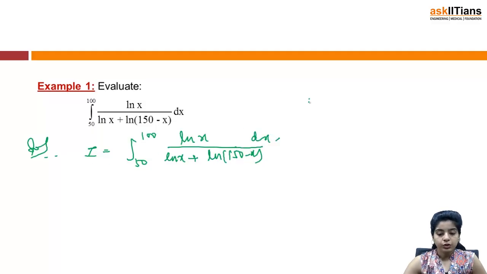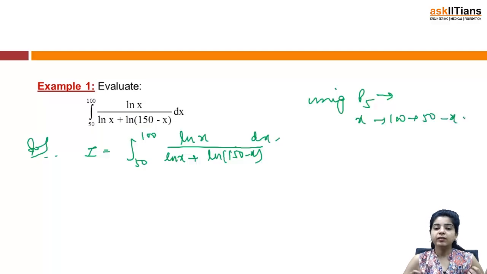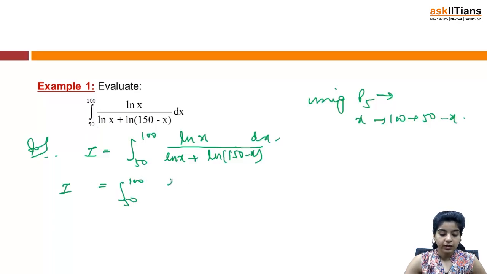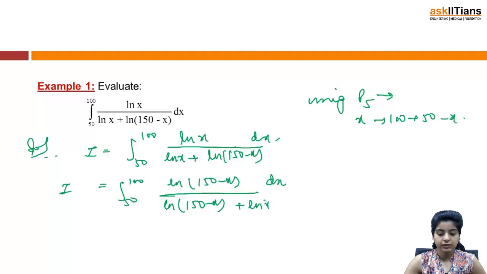So now using P5, that is property 5, I can write x as a plus b minus x, so 100 plus 50 minus x. So I can be written as 50 to 100 ln of (150 minus x) by ln of (150 minus x) plus ln x dx. This is what I have.